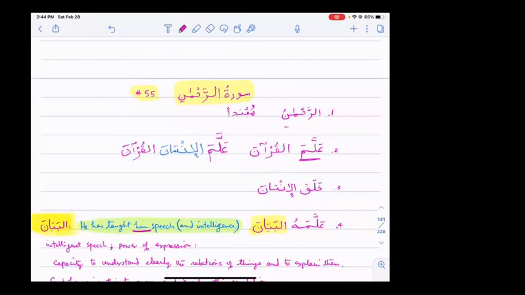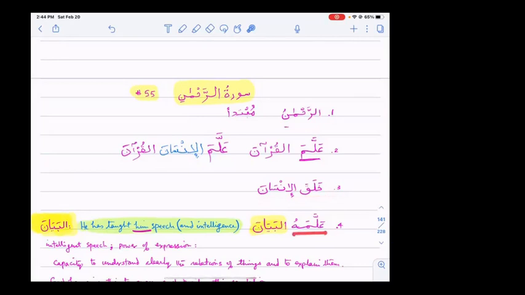It is the insan. So insan is mahzuf, understood. Allamal Qur'ana means Allamal insana al-Qur'ana. We don't say this, it is to be understood. Khalaqal insana, he created the human beings. Khalaqa's fa'il is he, Allah subhanahu wa ta'ala.